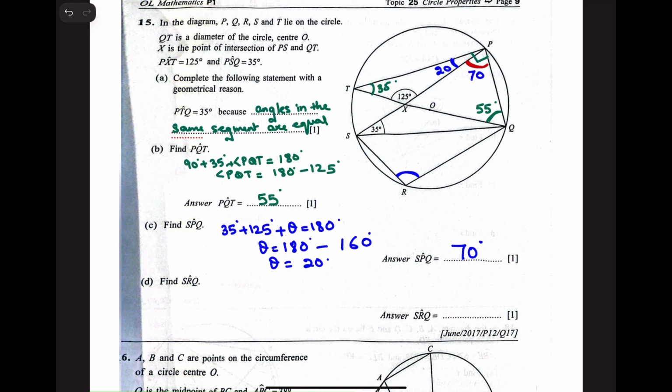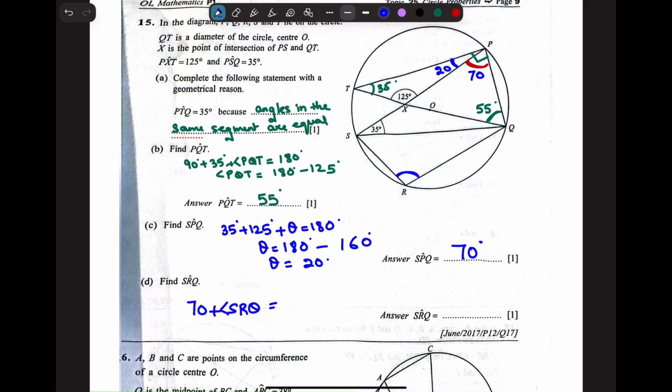That the opposite interior angles of a cyclic quadrilateral are supplementary. So basically this plus this angle should give us 180. So 70 plus angle SRQ should be 180. So angle SRQ is 180 minus 70 degrees, which gives it to be 110 degrees.